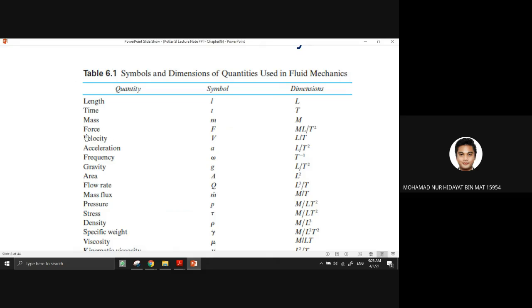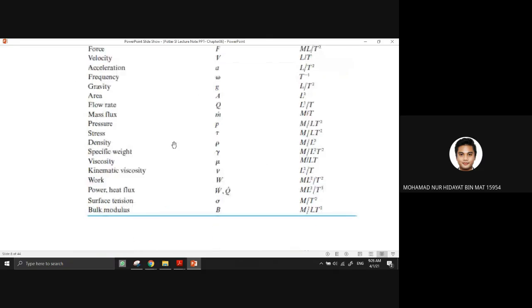So the force is a derived physical quantity. It is derived from the mass and from the acceleration. So here it becomes M L over T squared, and the rest will follow. All right, this is bulk modulus. This is the dimension. This is surface tension. This is the dimension.